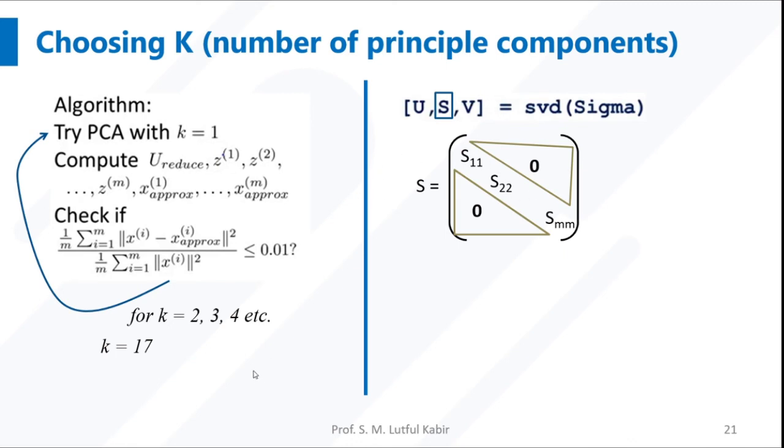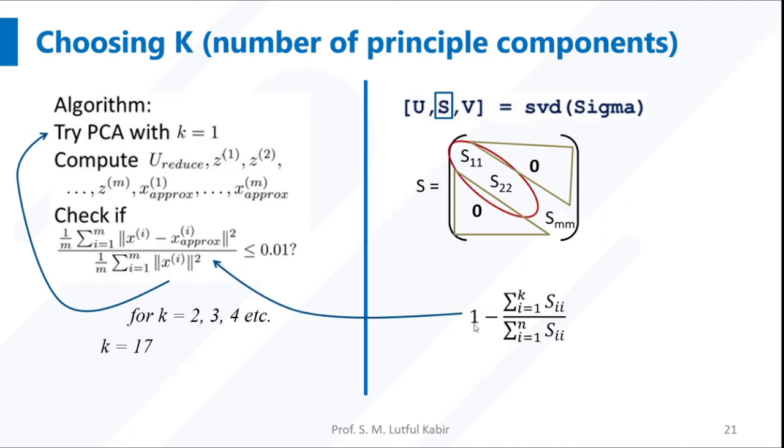For determining this ratio, there is another way, and that is to find this expression. This expression says 1 minus the summation of i equal to 1 to k of Sii over the summation of all diagonal elements. That means for the first k diagonal elements you take the summation, and for all diagonal elements you take another summation. 1 minus this ratio has the same value as the earlier expression.